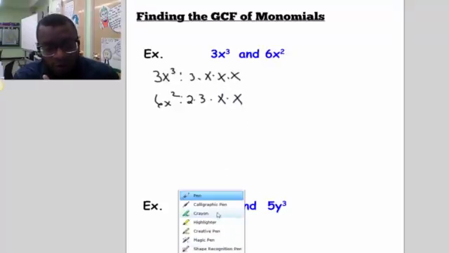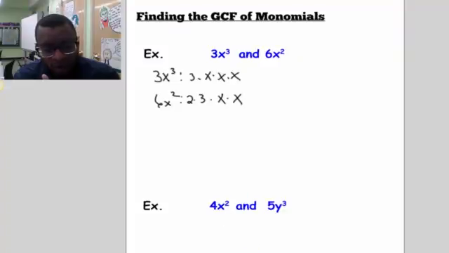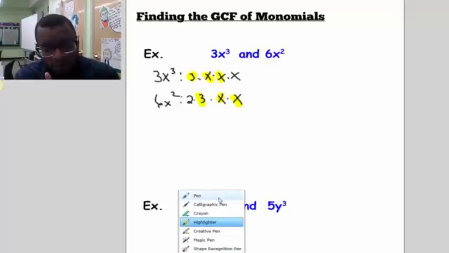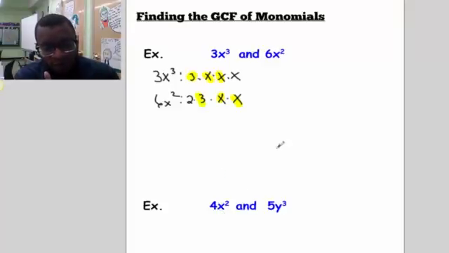So if we wanted to find our common factors, we have a common factor of 3, and we have 2 of the x's. Okay, so in this case, our common factor, or our GCF, is going to be 3 times x times x, which gives us 3x squared.